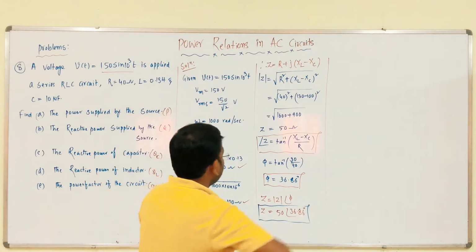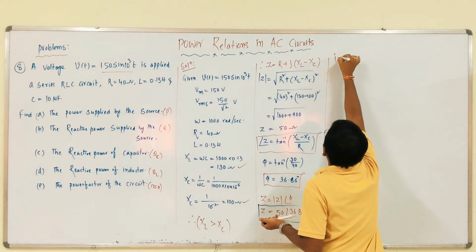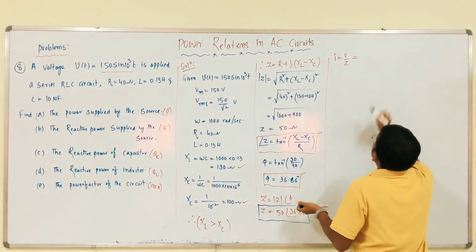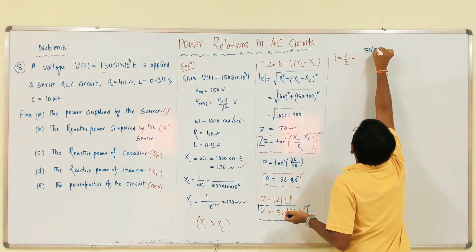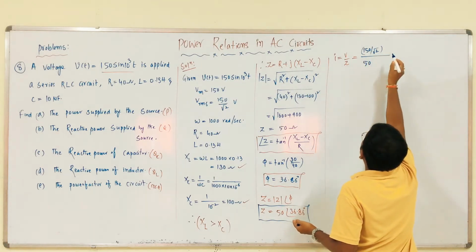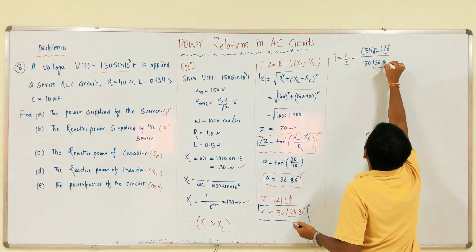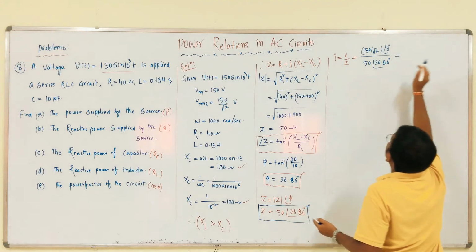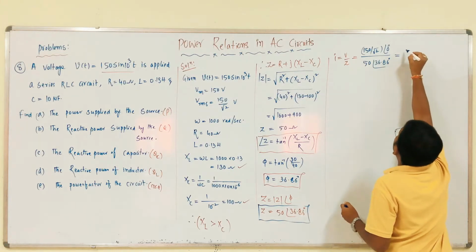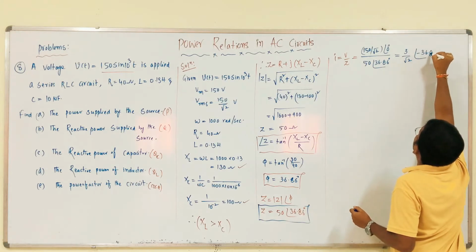Therefore, current equals V by Z. What is the value of V? Vrms, 150 by root 2, divided by Z which is 50 at an angle 36.86 degrees. V is at an angle 0. Therefore, 150 by root 2 by 50 gives 3 by root 2, at an angle minus 36.86 degrees.